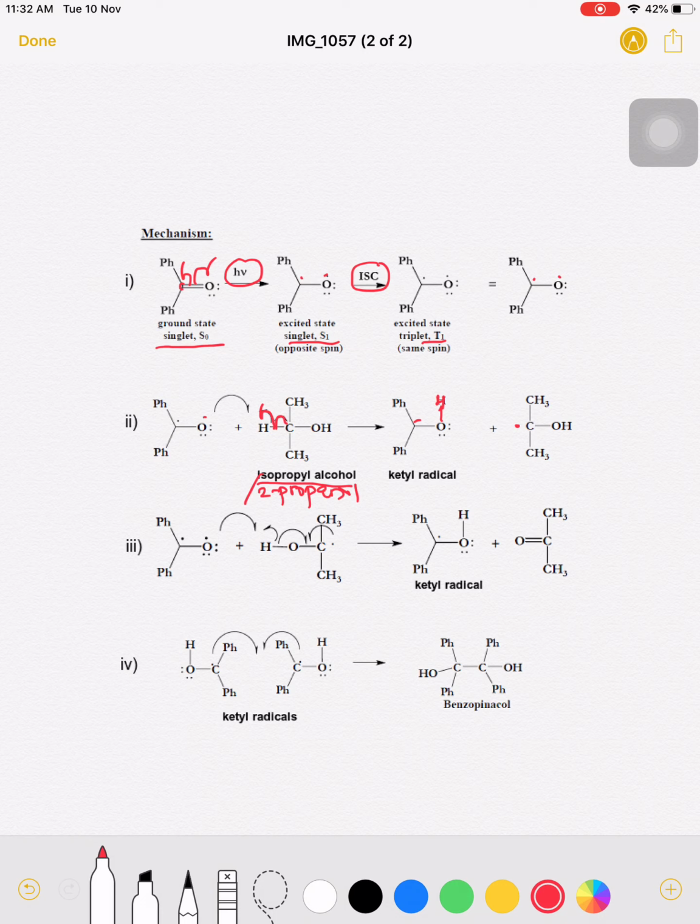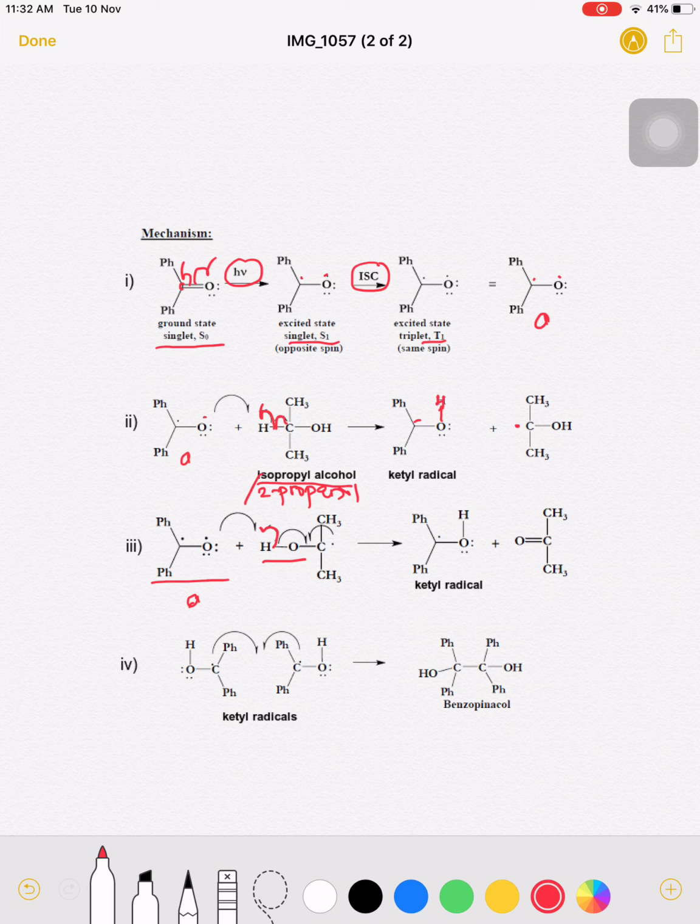The second molecule of benzophenone, because two molecules are involved in this reaction, again abstracts a second proton from the isopropyl alcohol. In this case, the hydrogen is removed from the OH group, and this hydrogen is shifted to the oxygen.